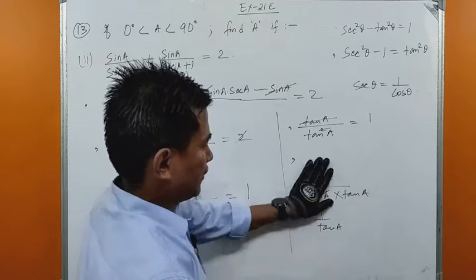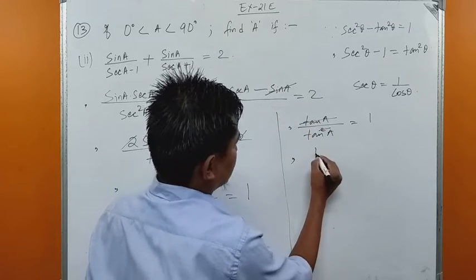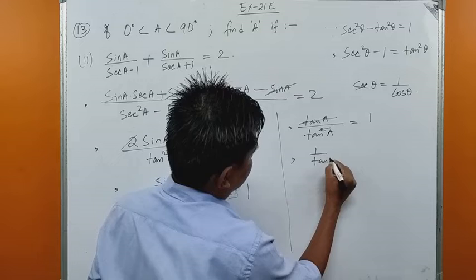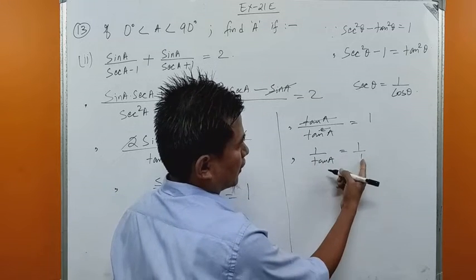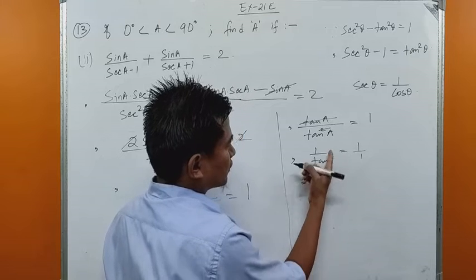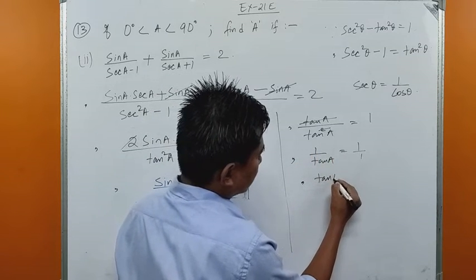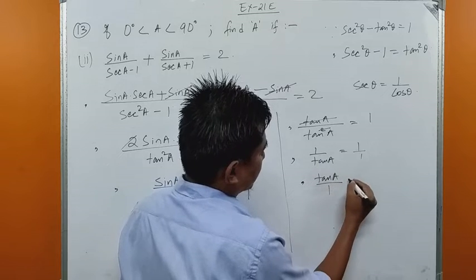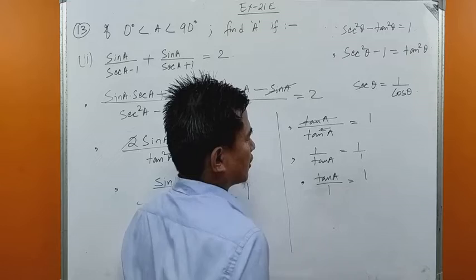1 upon tan A equals to 1. We have 1 in the denominator, so we can bring this tan A to the numerator and 1 to the denominator. This is invertendo, isn't it? So tan A upon 1 equals 1 upon 1, which means 1.